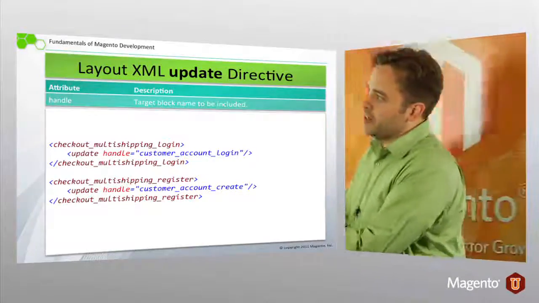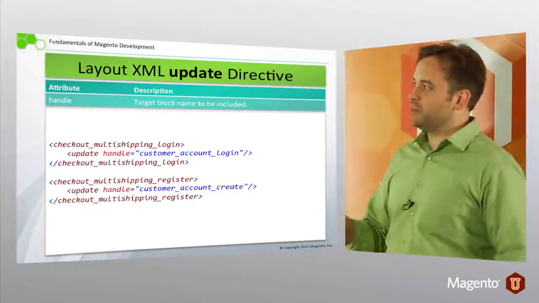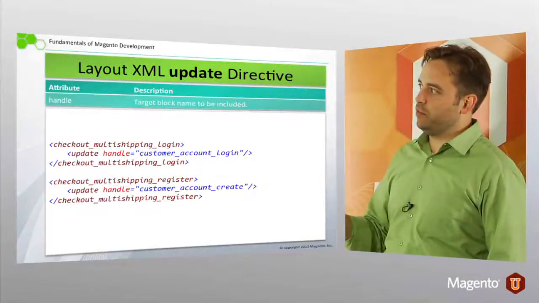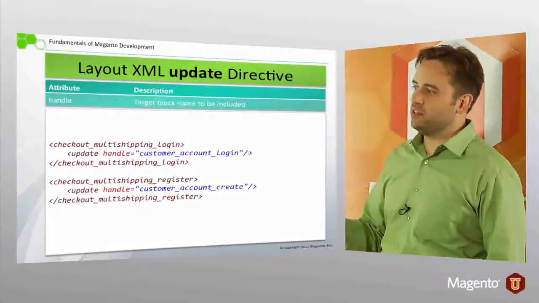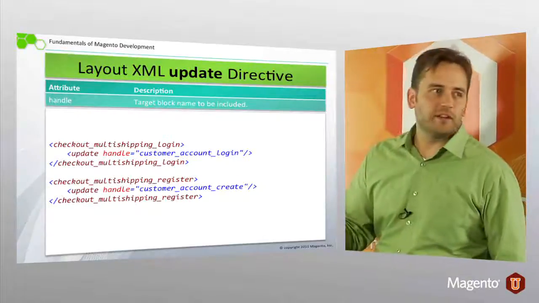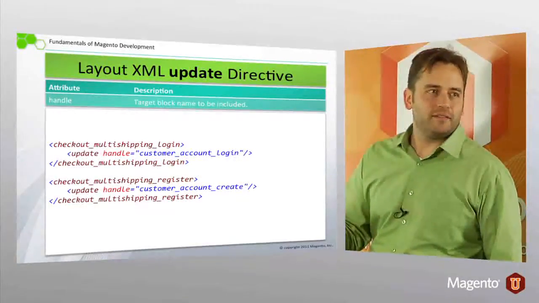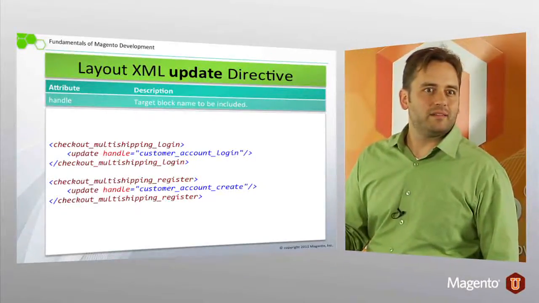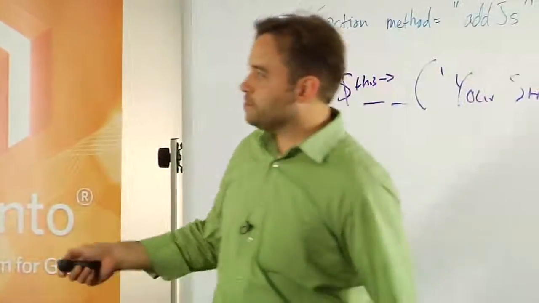Because what update does, it basically says, get me this handle's update, all the information that this handle contains, and add it in here. Why would we want to do that? Well, gosh, kind of makes sense. Especially in the multi-shipping, so checkout multi-shipping, you want to recreate the customer account login.